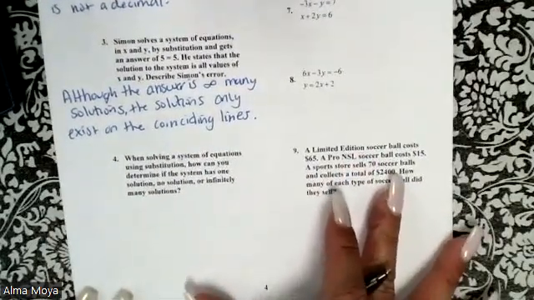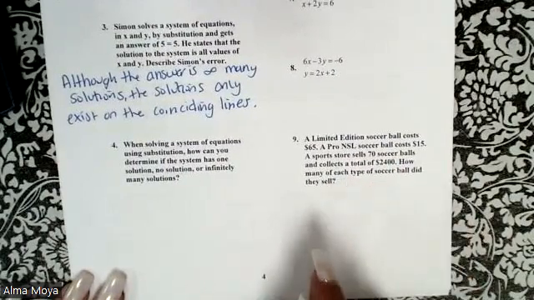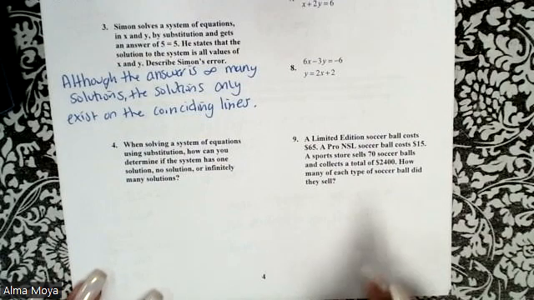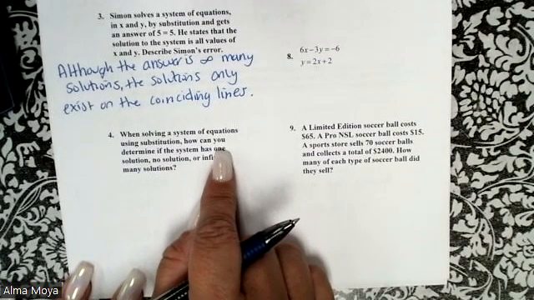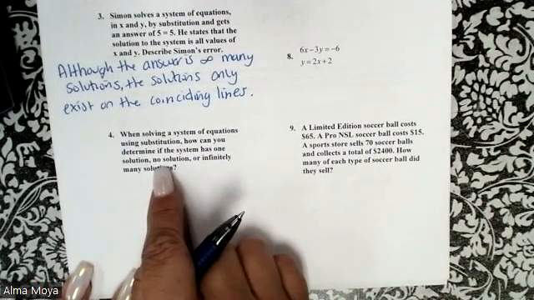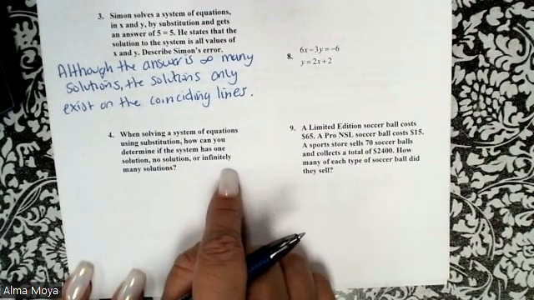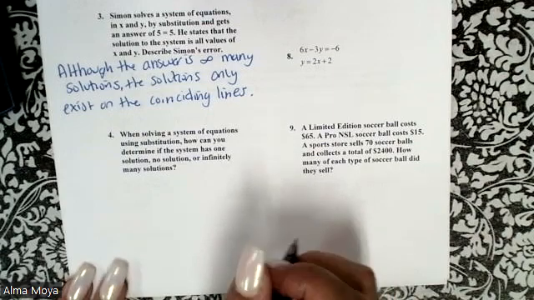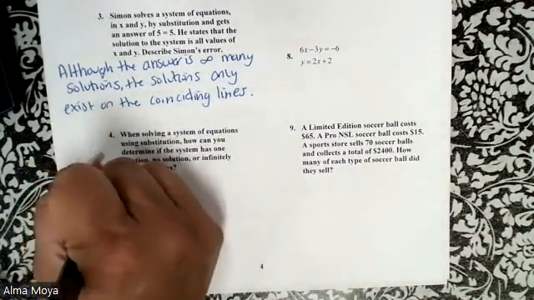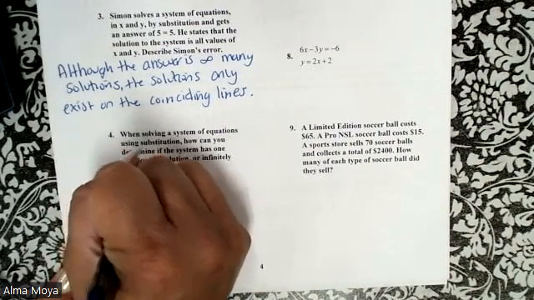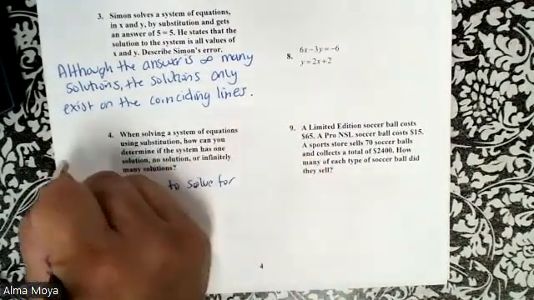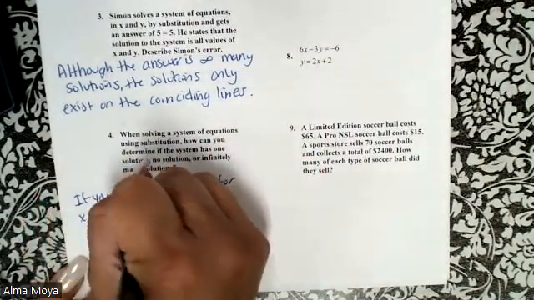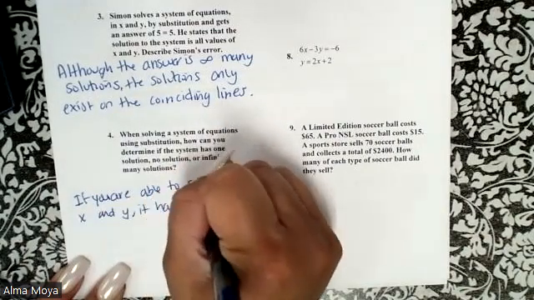How can you determine if a system of equations solved using substitution has one solution, no solution, or infinitely many solutions? Well, let's think about it. One solution means you actually get a coordinate for x and y. No solutions means it creates a false statement, and infinitely many creates a true statement. So if you are able to solve for x and y, it has one solution.